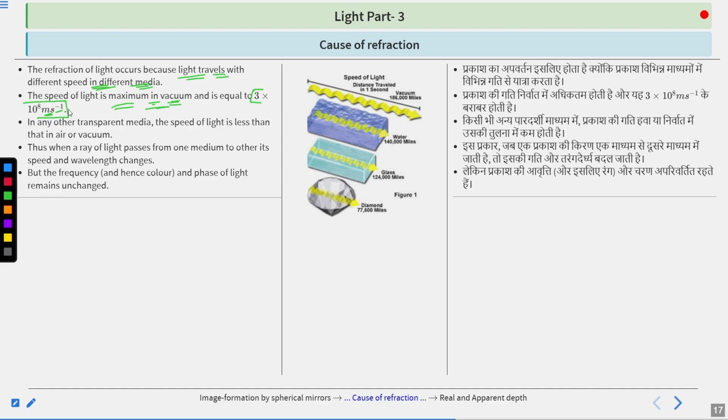However, we could say air is also a transparent medium, and vacuum is too, but other transparent media are not air or vacuum, where light has its maximum speed. So that's why the speed of light in these transparent media, although they are transparent, remains less. Thus, when a ray of light passes from one medium to another, its speed and wavelength change.